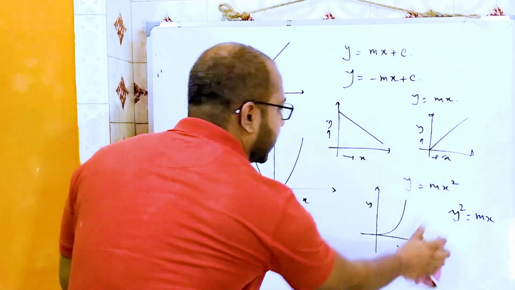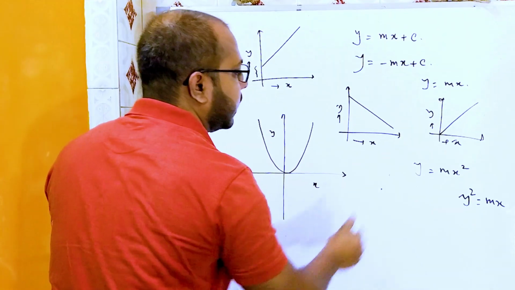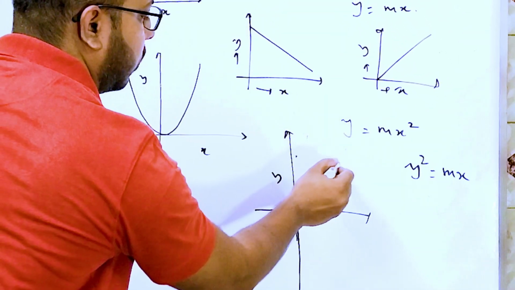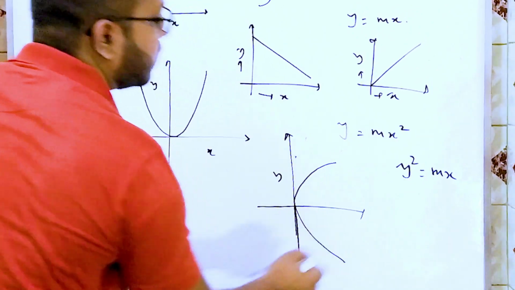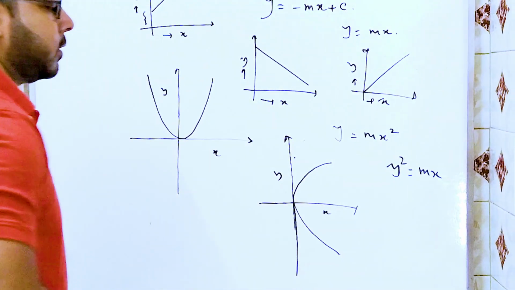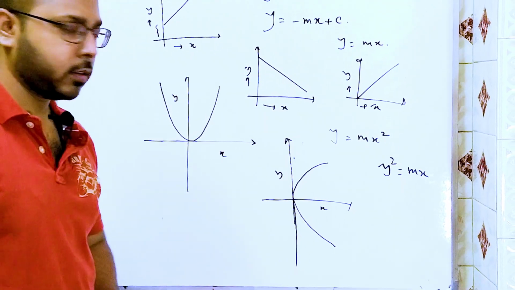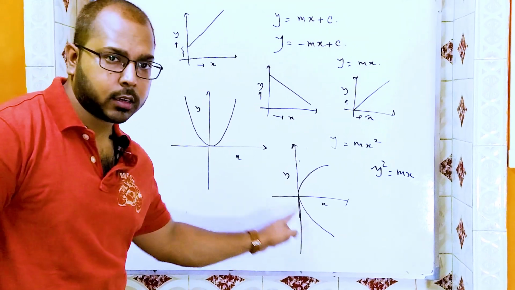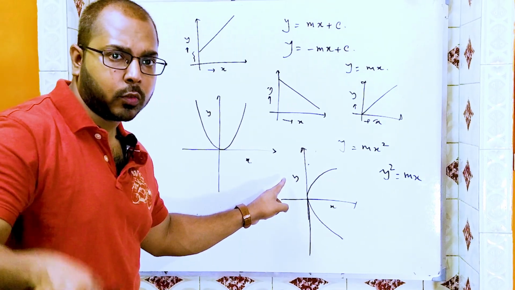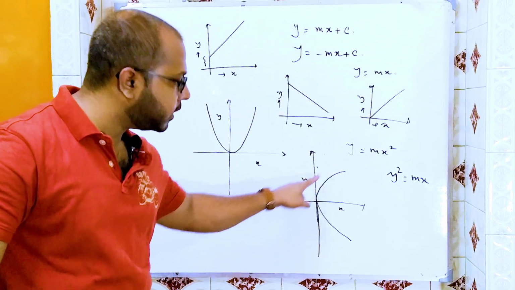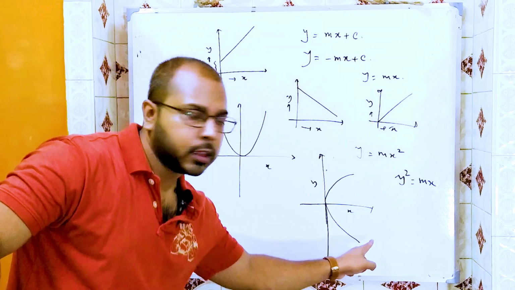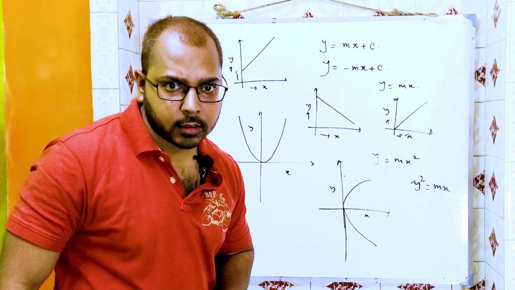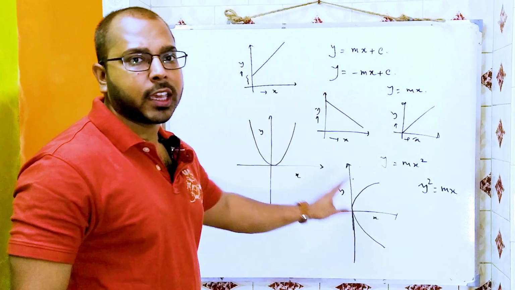So in this case the curve will be like that, with x positive on the x-axis. This part is for positive y and this part is for negative y, because y square equals mx. Got my point? So these are parabolic in nature.